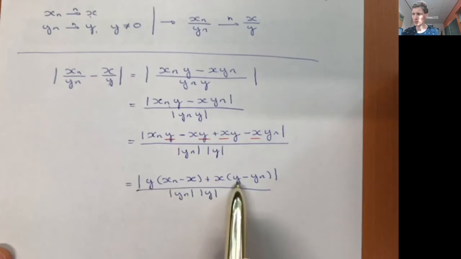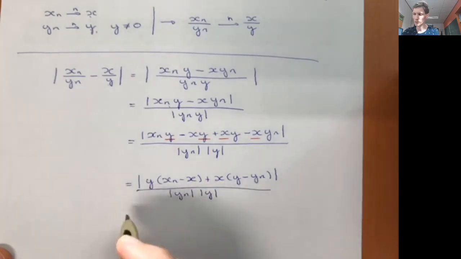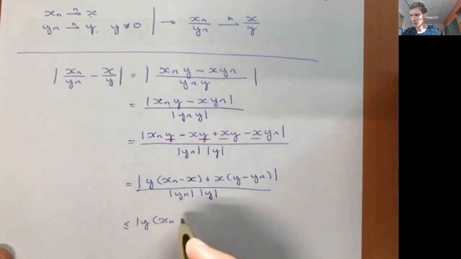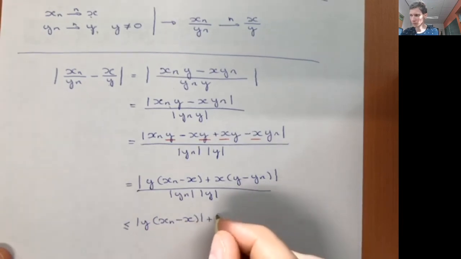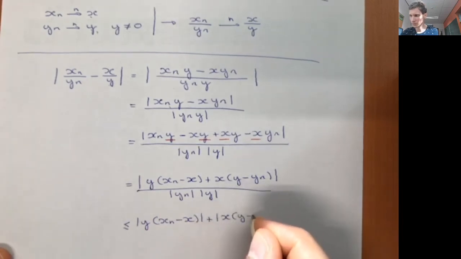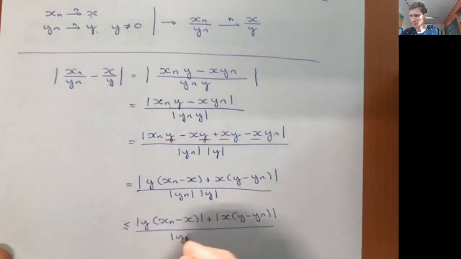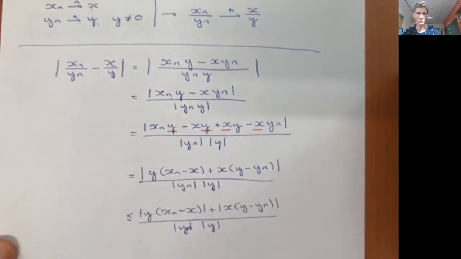Now we have the absolute value of a sum, so we can use the triangle inequality. This is less or equal to the absolute value of y times (xn minus x) plus the absolute value of x times (y minus yn), over the absolute value of yn times the absolute value of y.